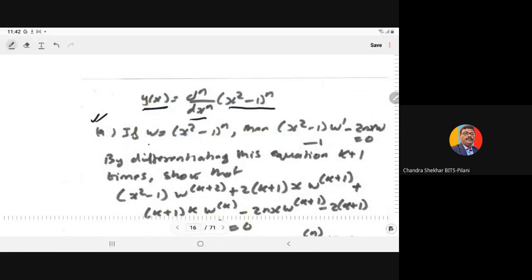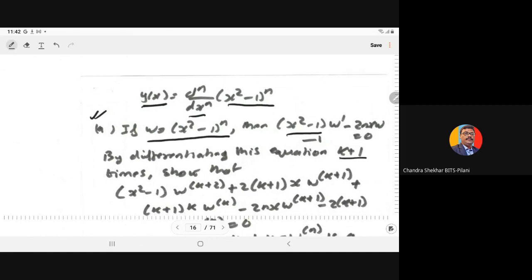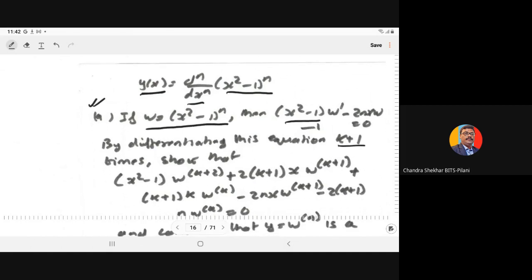So if w is equal to x square minus 1, then we have (x square minus 1) w dash minus 2nxw is equal to 0. Now, by differentiating this equation k plus 1 times, we have this result.